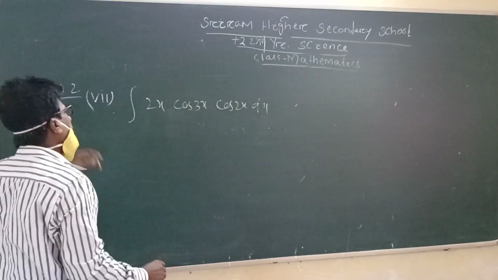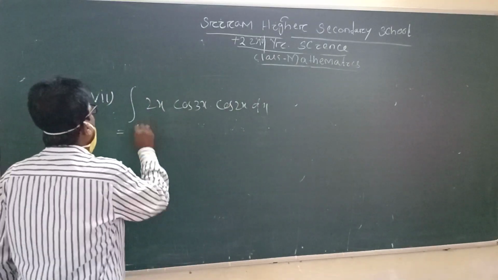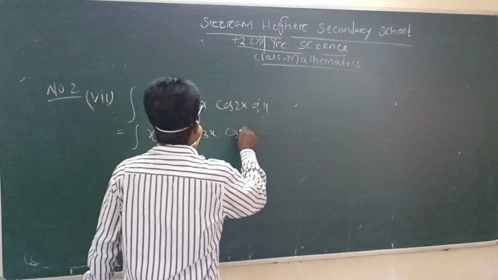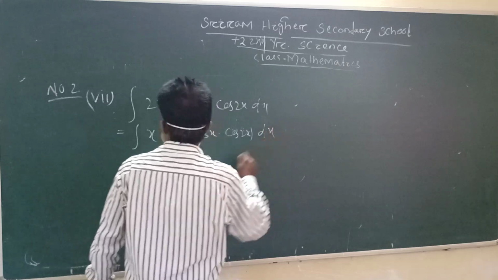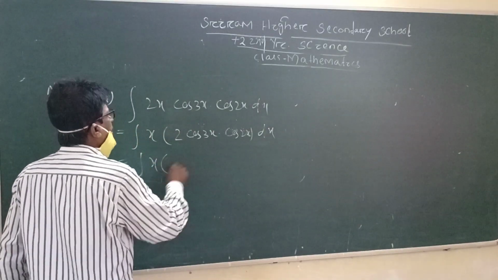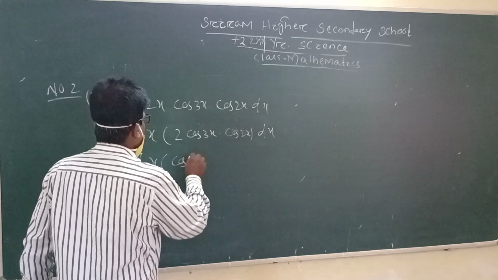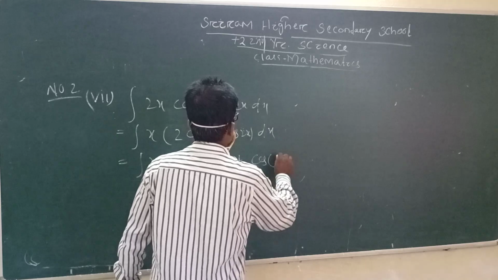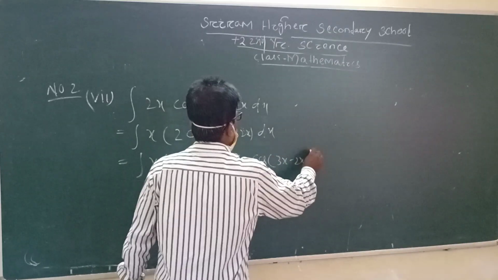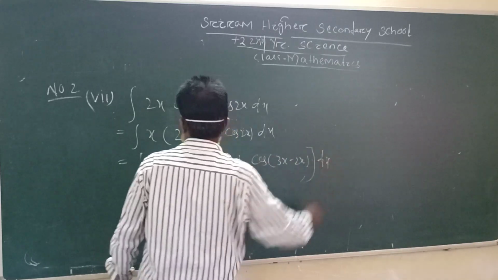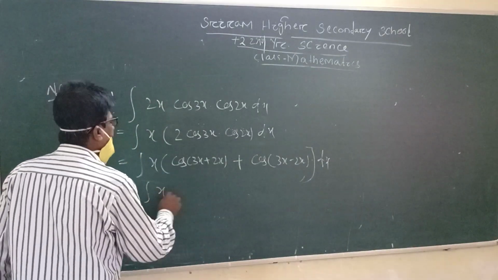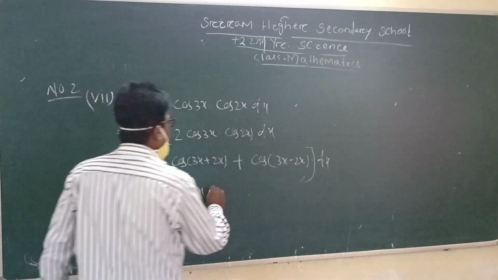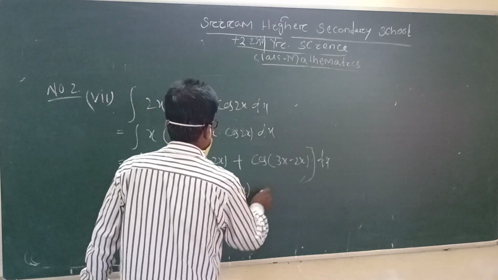You look, using the formula 2 cos 3x into cos 2x, you know this trigonometrical formula, that identity, x cos 3x plus cos 2x, cos of 3x plus 2x plus cos of 3x minus 2x dx. So that value becomes x cos 5x plus cos x dx.